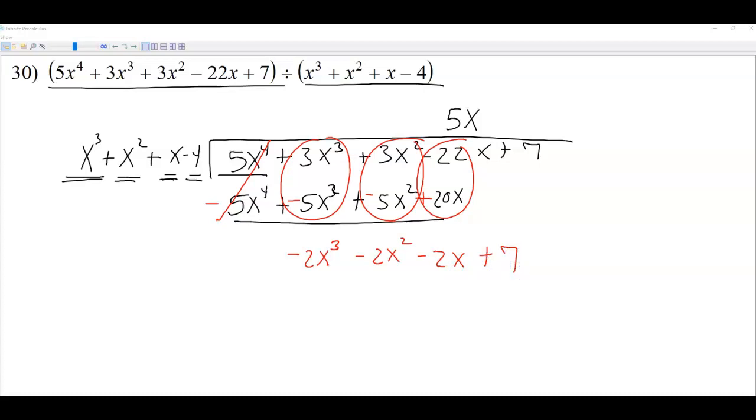All right. We repeat the process now, but this time I ask myself, what would I multiply this by to get this? And the answer to that question is negative 2. And once again, you're going to multiply that negative 2 by all 4 of these and put your answer here. So if I do that, I get the following.